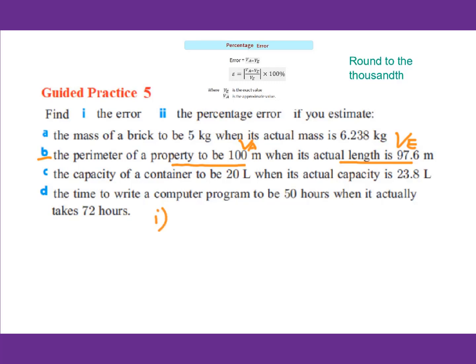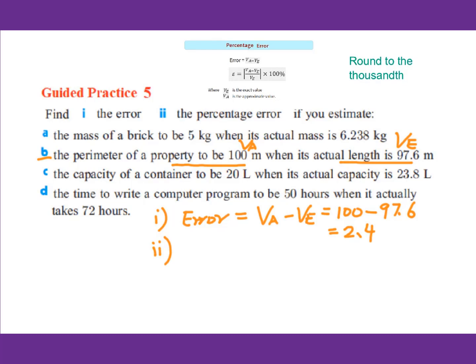So for error equals VA minus VE. That is 100 minus 97.6. So you get 2.4.